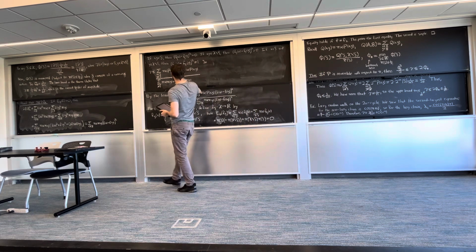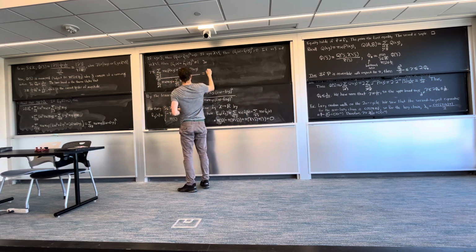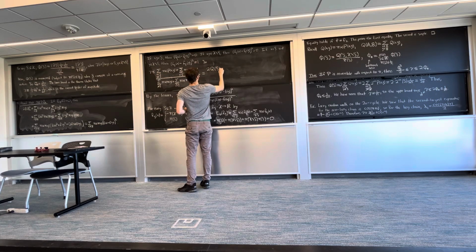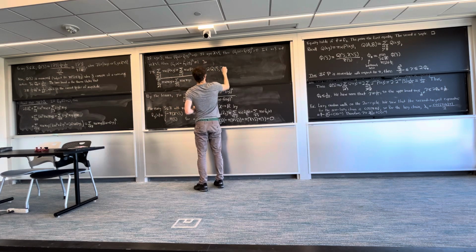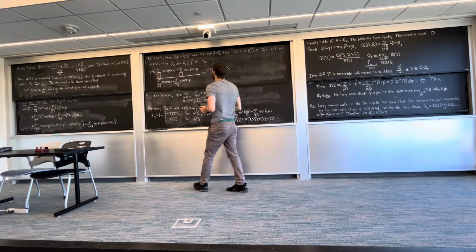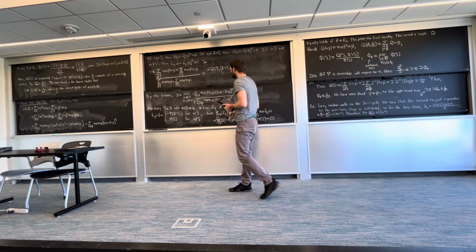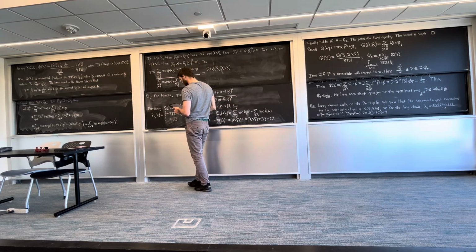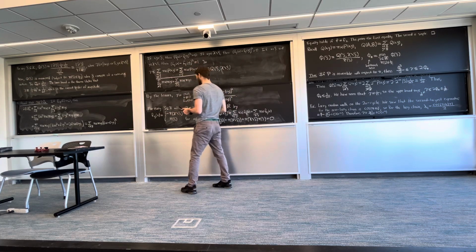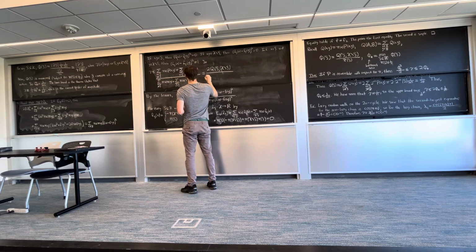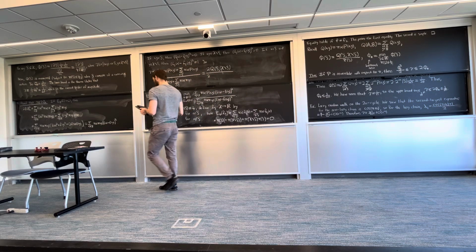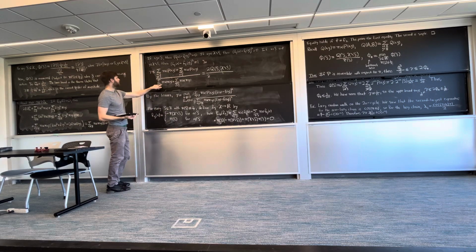And then this is also the same thing, so this is just 2 Q of S with the complement of S. And then here I get 2, and if I write this sum as a product of two sums, it's the sum over x in S of pi(x) times the sum over y not in S of pi(y), so that's pi of S times pi of the complement of S, and then this is also the same thing.